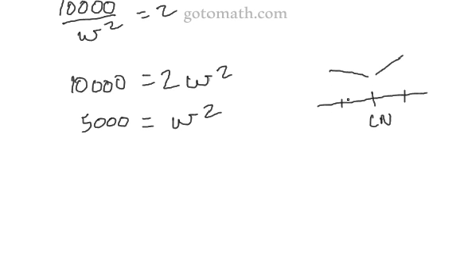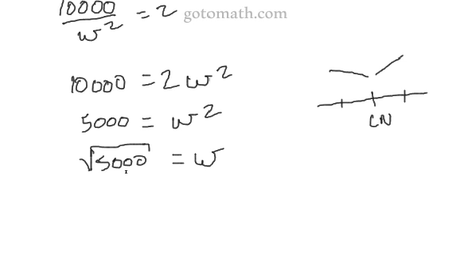Well, I'm leaving that part off and hoping that you guys know how to do that. I just want to focus on the process of these application problems, more specific, more real world kind of stuff. All right, we got to take the square root of 5,000, and hopefully you know how to do that.